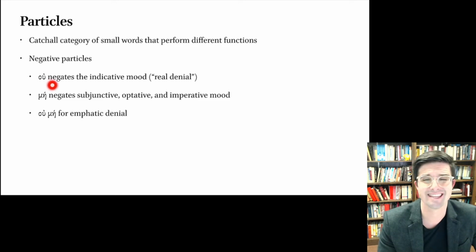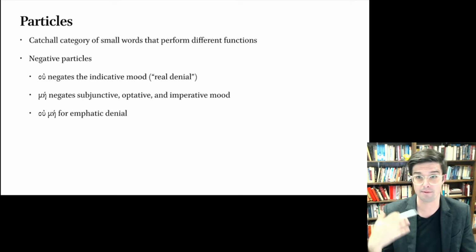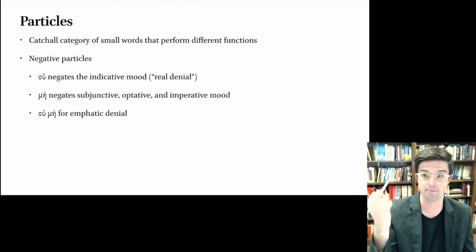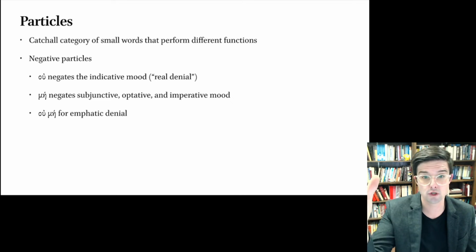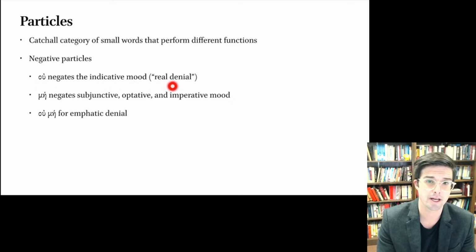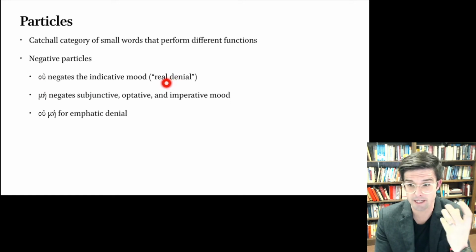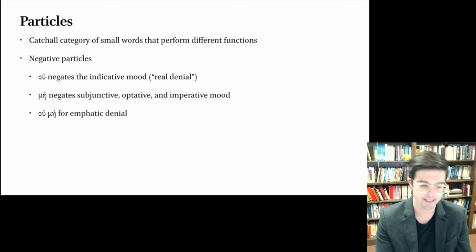Ou is the negative particle that negates something real, namely the indicative mood. Remember, the indicative mood indicates something that is actually the case or is to be the case in the future. So ou negates the indicative mood. It's a real denial of something that is the case, was the case, or will be the case.